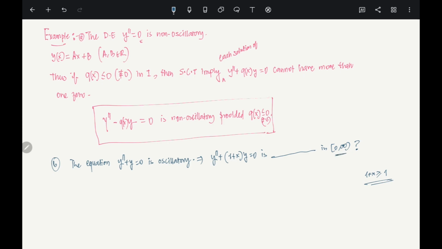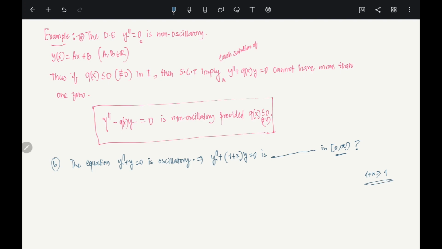So what can we say about it? Any solution of y double prime plus y is oscillatory, right? So you will have oscillation here, okay? But please do it yourself. Think about why it is true. Is this okay? Right.